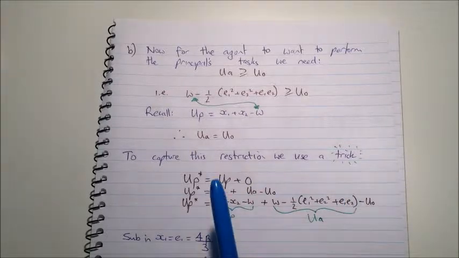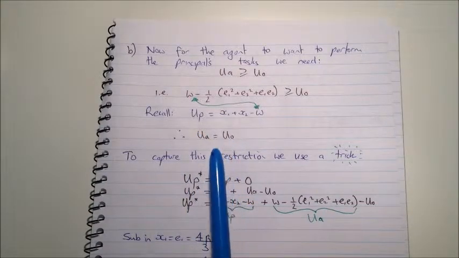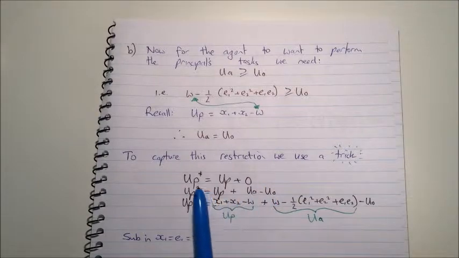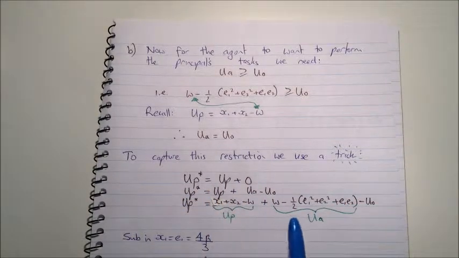In order to capture this restriction, we use a bit of a mathematical trick. And we say that the principal's utility function is equal to the principal's utility function plus 0. Substituting UA minus U0 equals 0 into this, we derive an expression over here for the principal's utility function.